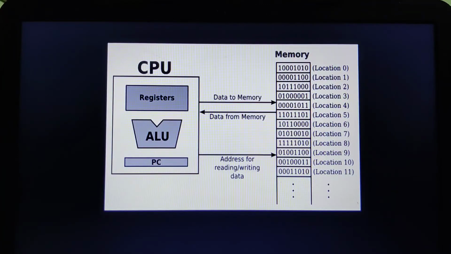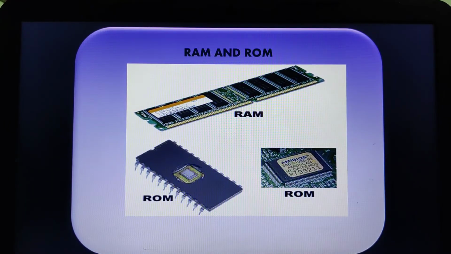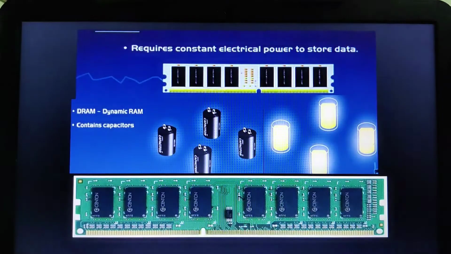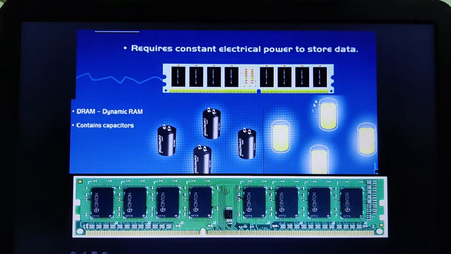In dynamic random access memory, the transistors are arranged in a matrix of rows and columns, and the capacitors hold the bits of information, in terms of zeros and ones. But here we should know that because this DRAM uses capacitors, they have to be refreshed continuously using electricity.